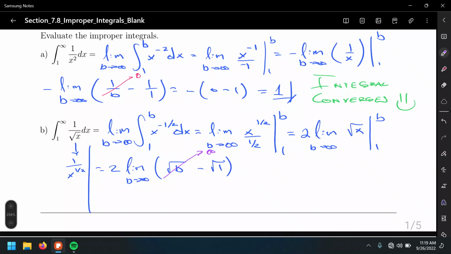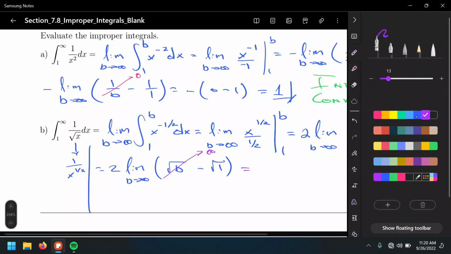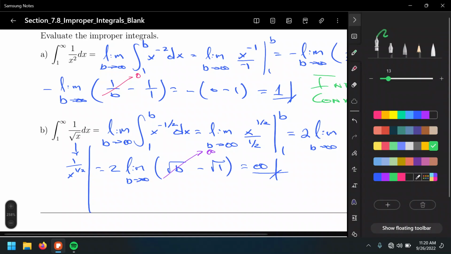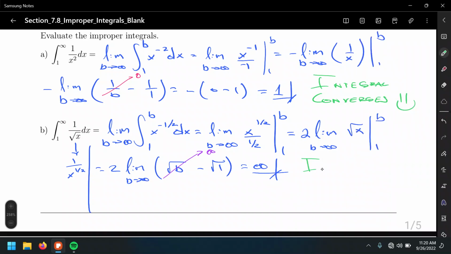It's still going to get bigger and bigger, twice as big. Just call it big. How big? Well, just infinity. Well, in this case, the limit does not exist. The limit is infinity. So, for this reason, the integral diverges.